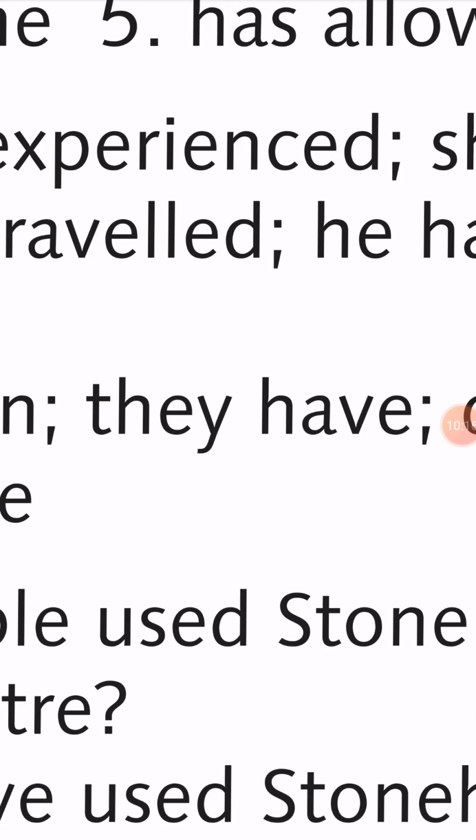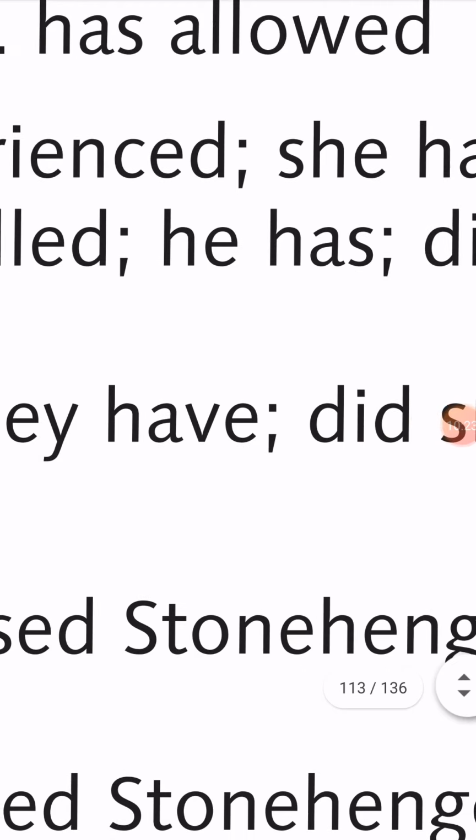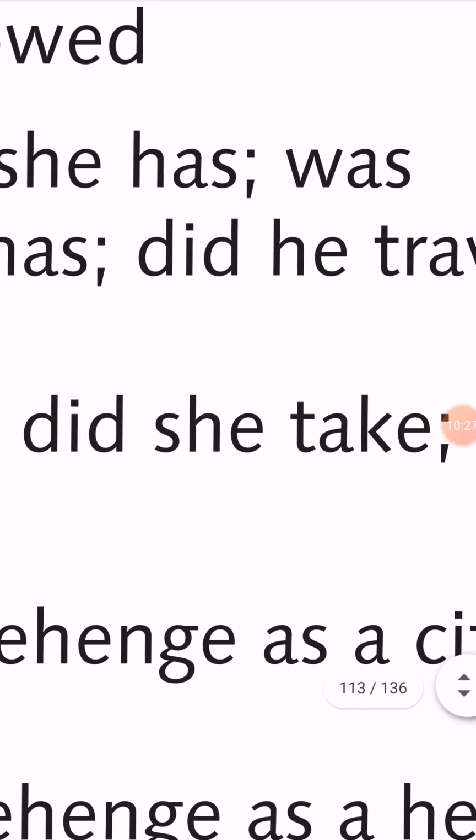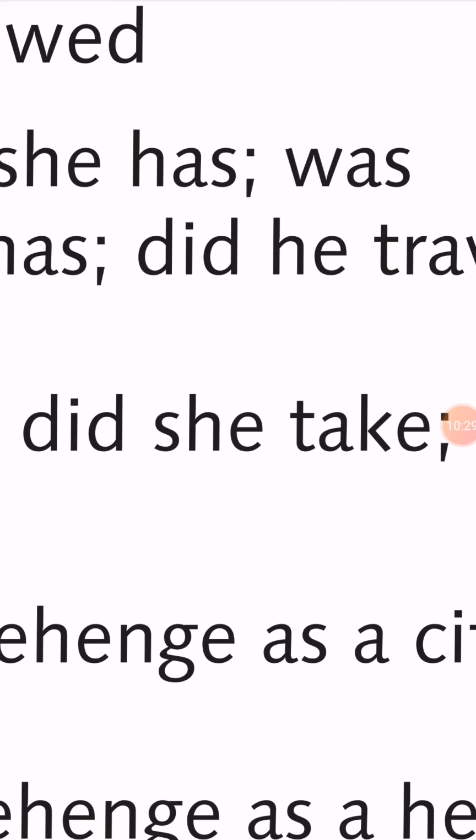Now the answer in the next question using simple past, you have to begin with where. Where and the subject she. Where did she take? It still takes the infinitive verb because of that. Her photo at the Nabateans ruins in Petra.